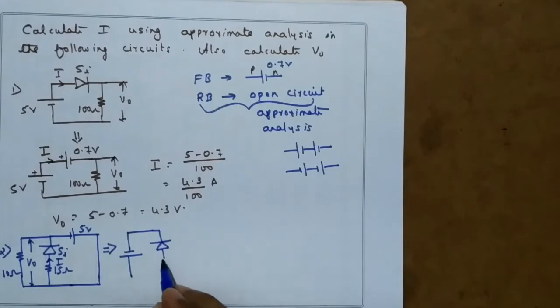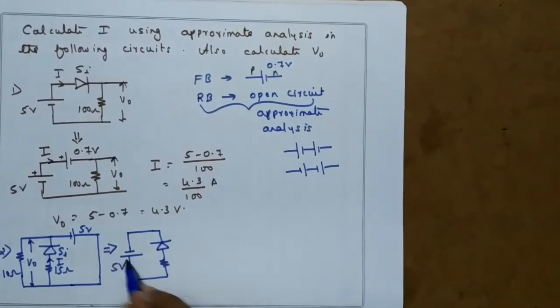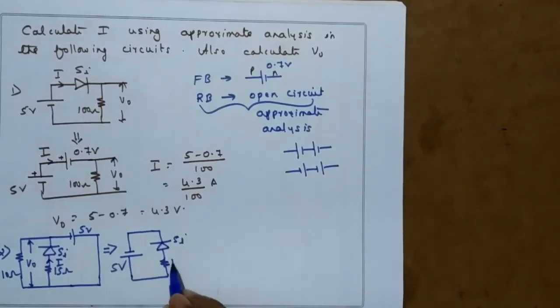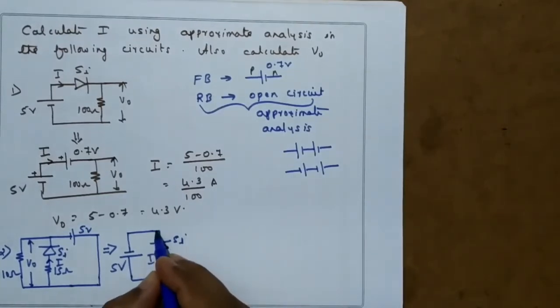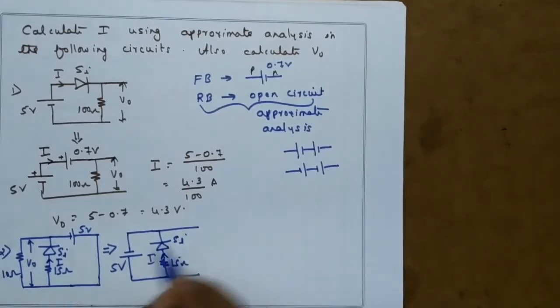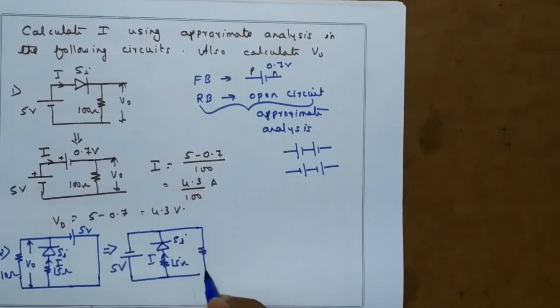Now P side is connected to the resistor. The resistor is connected to positive of the battery. This is 5 volt, this is silicon, this is 15 volt, and this is the current we want, and here this resistor 10 ohm.